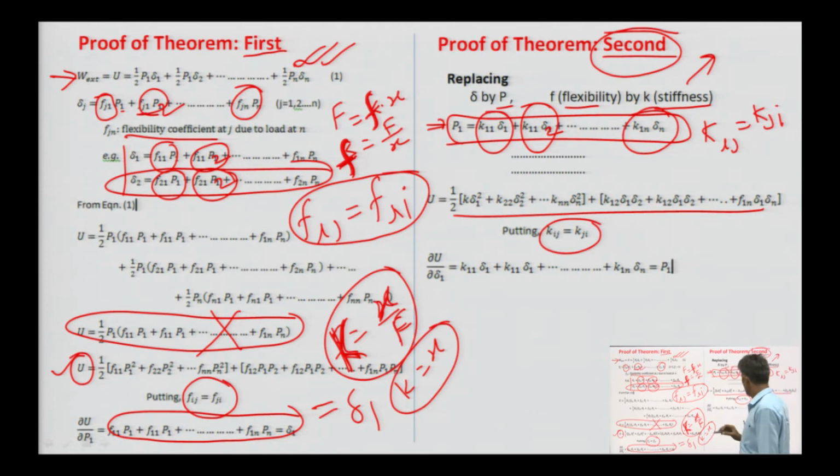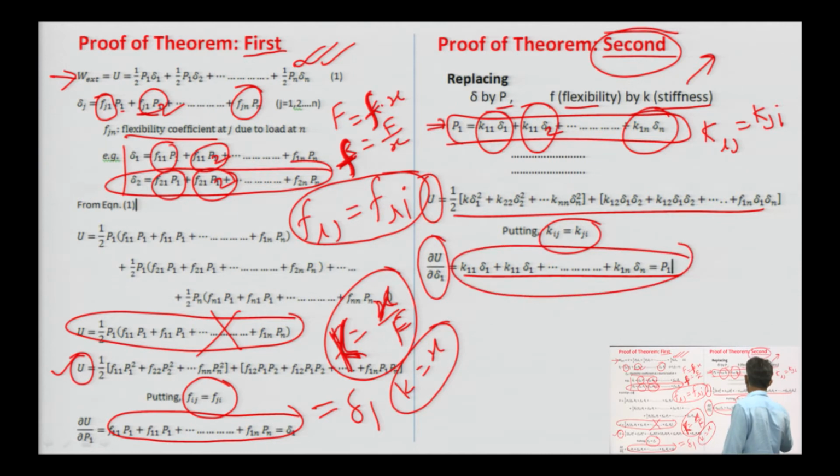Now, differentiate this strain energy with respect to displacement. We will get this one thing, and this is nothing but force. So, that is the proof of the second theorem.